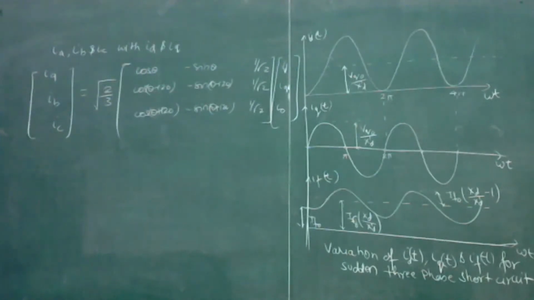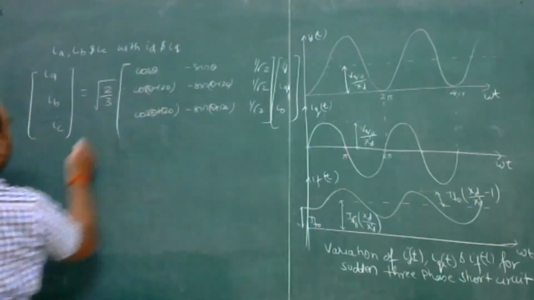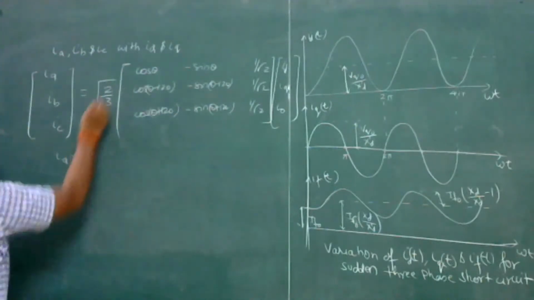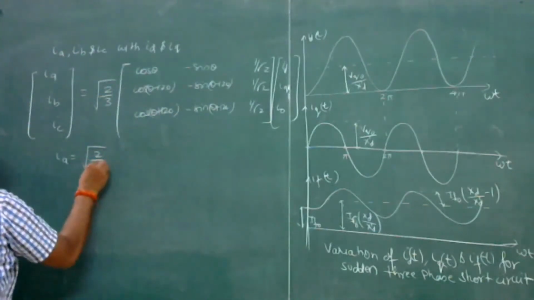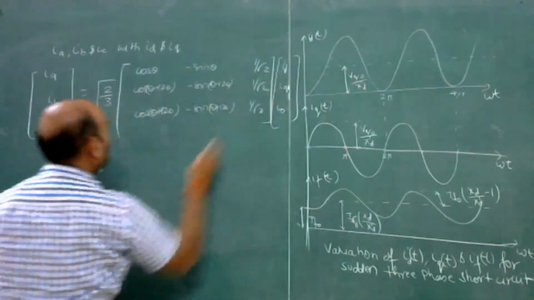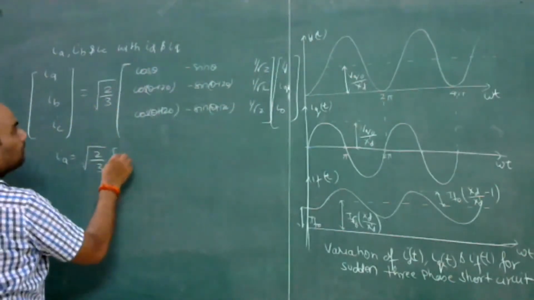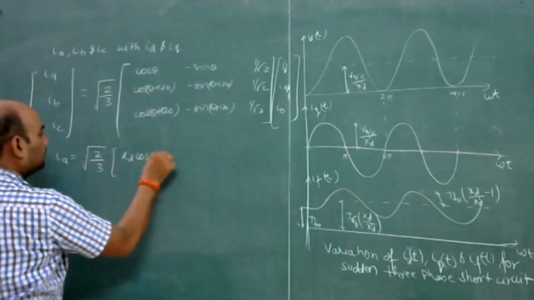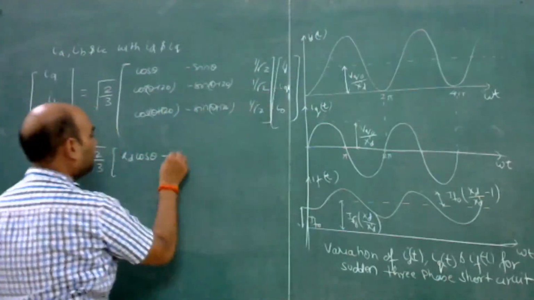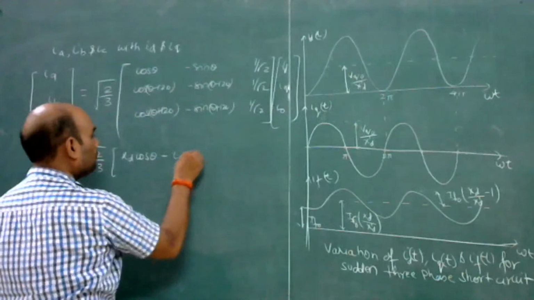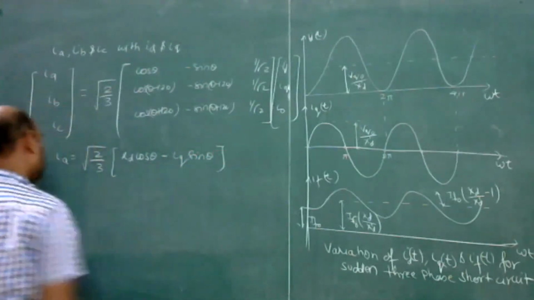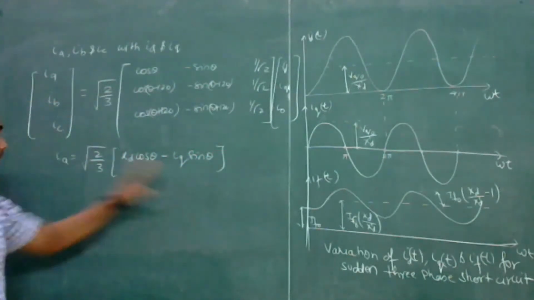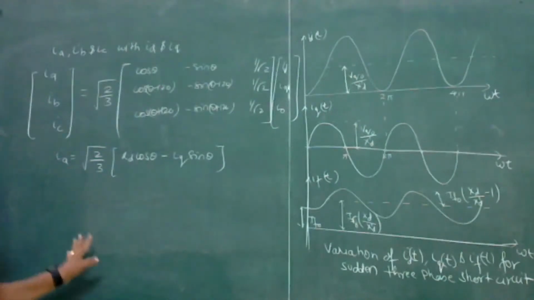From this matrix it is clear that the value of IA is equal to root 2 by 3 times (ID cos theta minus IQ sin theta). So in this way, we can find the value of IA, IB, and IC.